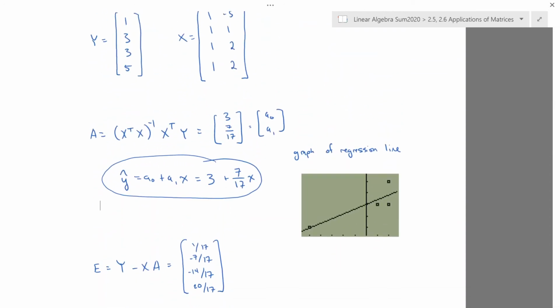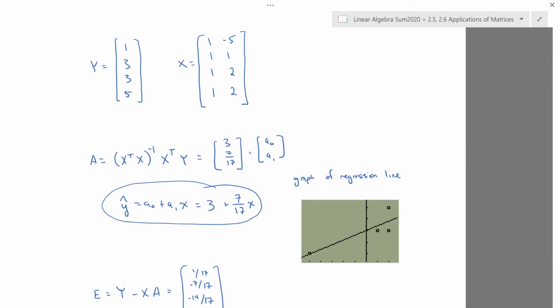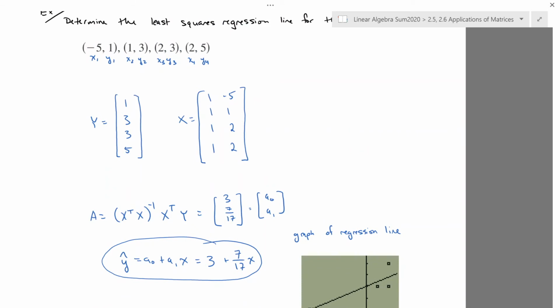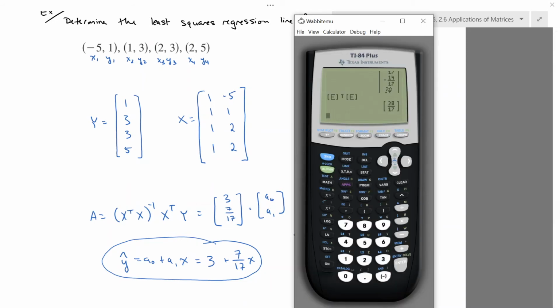Okay, so before I end this, let me just make one comment, right? So let's look at X transpose X. What was X? X was B, right? So let's calculate that separately.